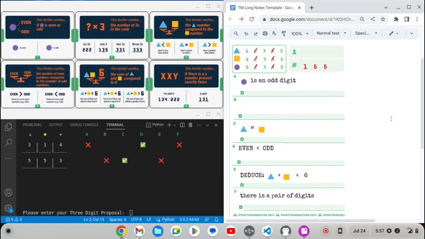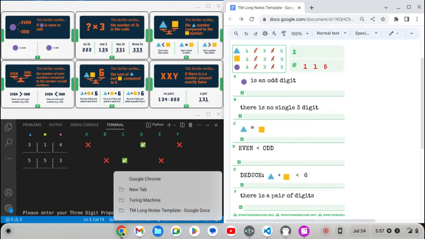Okay, and so for B, I'll just type it up as there is no single 3-digit. Oops, I typed it in wrong. I should have put 115, not 155. 115, since we already established that yes, triangle and square are equal. Okay, so this looks good.